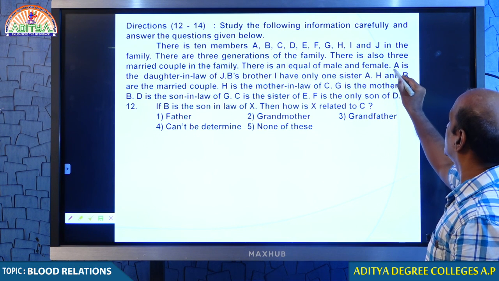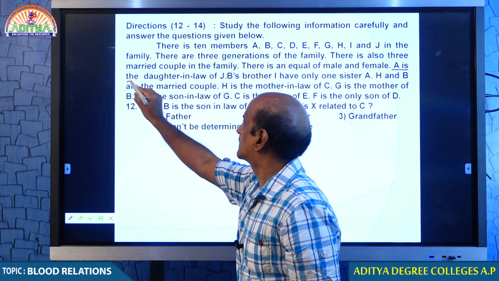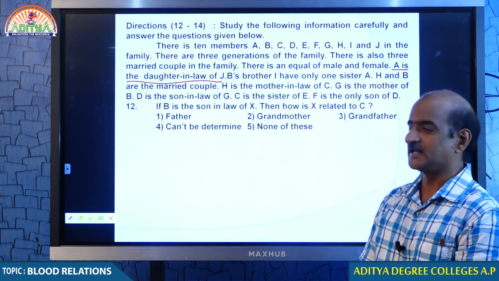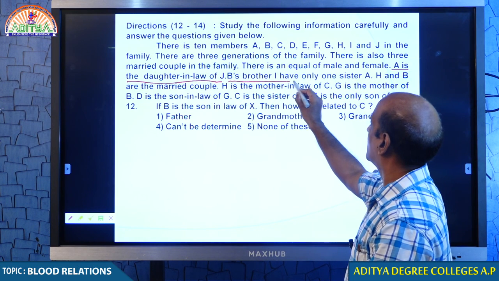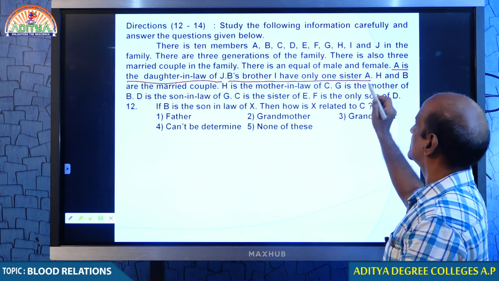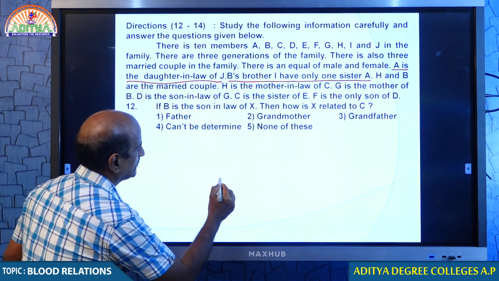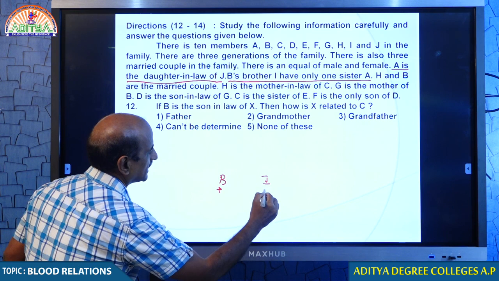Ready? One by one. A is the daughter-in-law of J. Right? Then, next one. B's brother, I have only one sister, A. Which I mean to say that B and I are males.